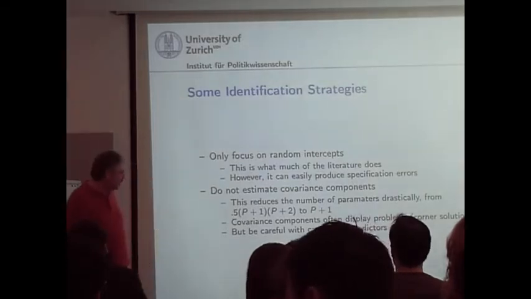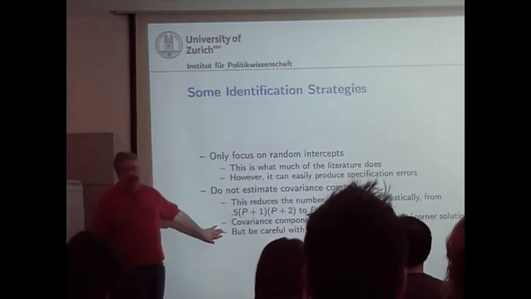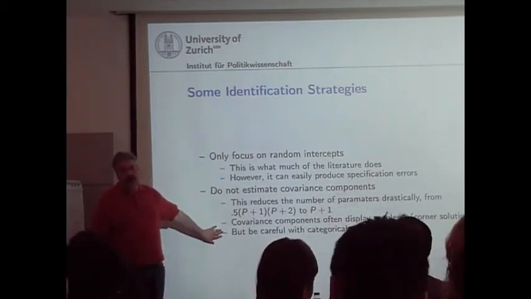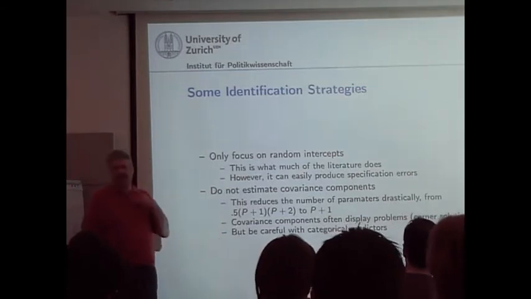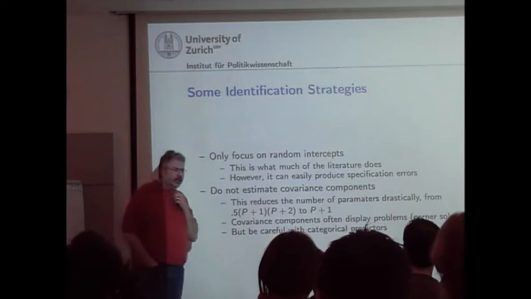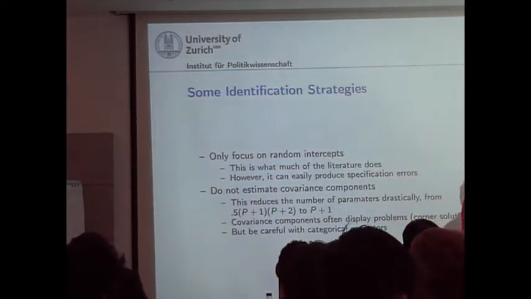And one place where I am convinced it's not the right strategy is when you have categorical predictors. I actually have reviewed papers that do this incorrectly. Say the categorical predictor we should have had in this model is partisanship.